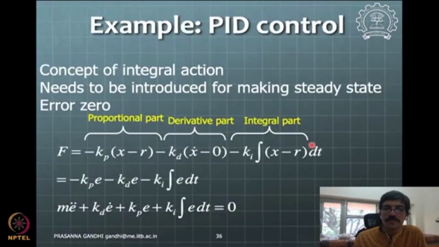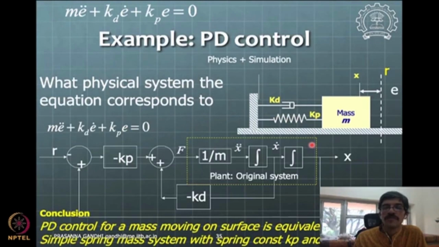In the presence of these virtual dampers, if I keep this mass oscillating, it will stop at some point which does not completely match R when there is friction. So friction in the system will not allow it to reach R. It will have some finite error in the system.